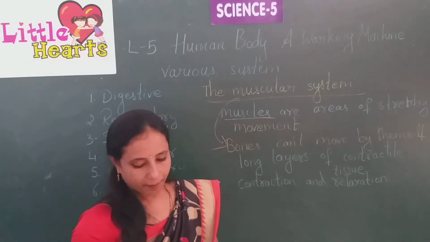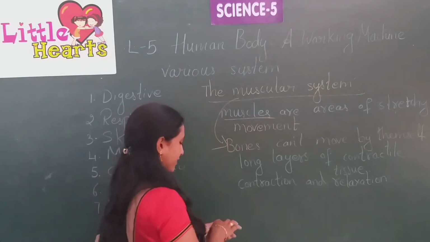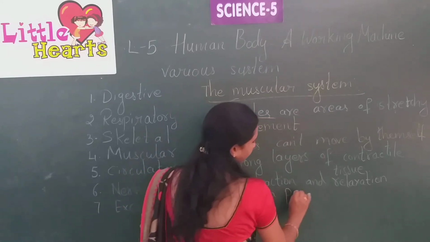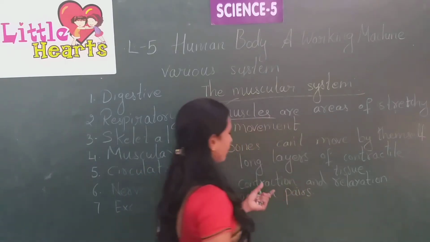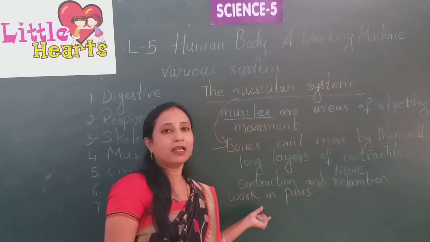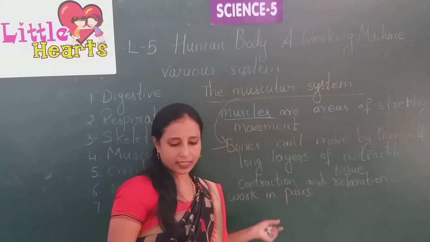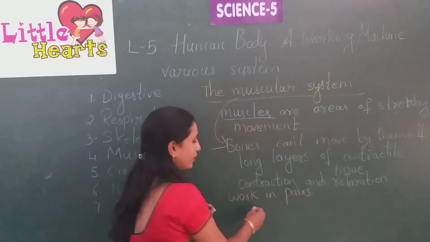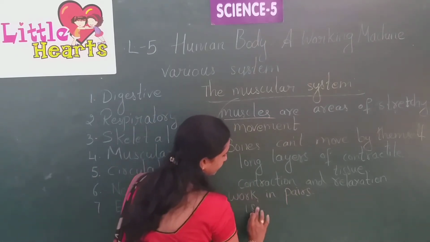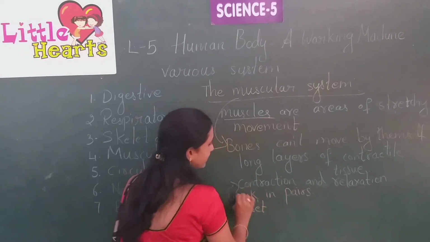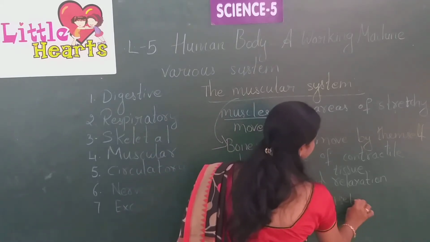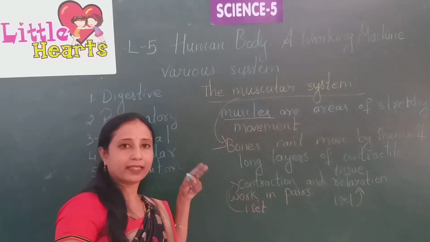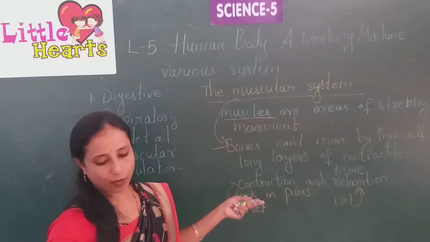And muscles always work in pairs. Contraction and relaxation should be possible, then only is movement possible. So one set of muscles contracts and the other set relaxes. When one set relaxes, the other set contracts.